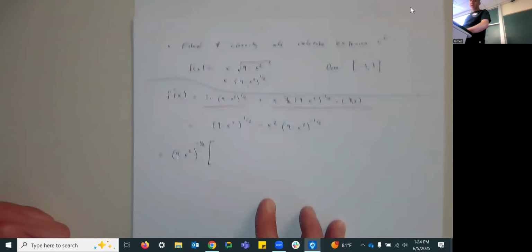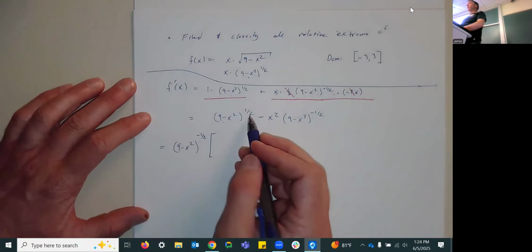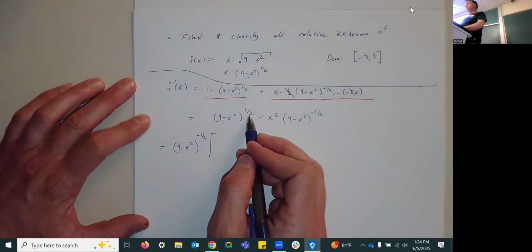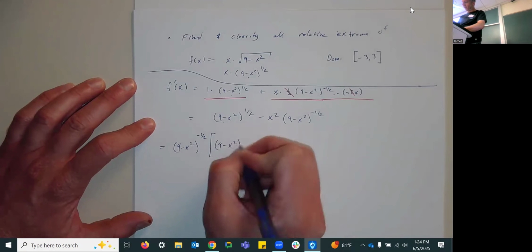The same thing is true here. If I'm factoring out something to the negative 1/2, it's like I'm subtracting negative 1/2 from the power, which is really like adding 1/2. So if I do 1/2 minus negative 1/2, I get 1. I get (9 minus x squared) to the 1st power.